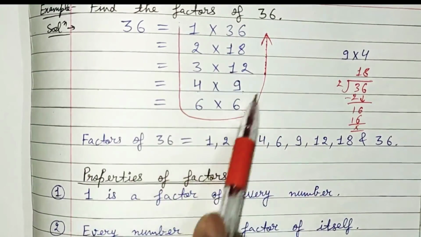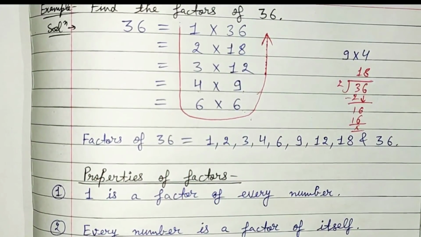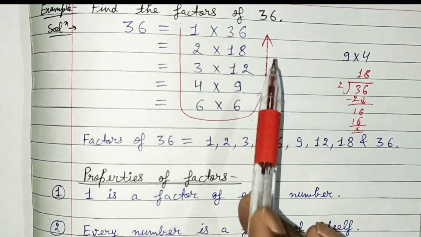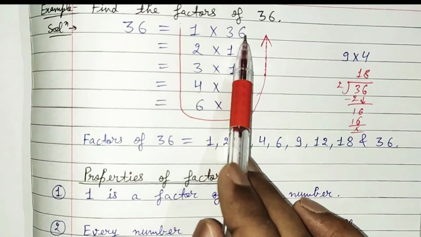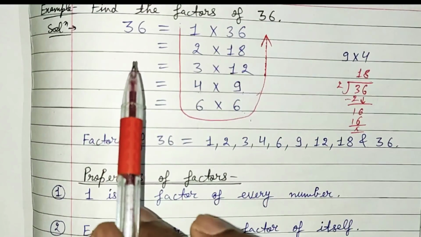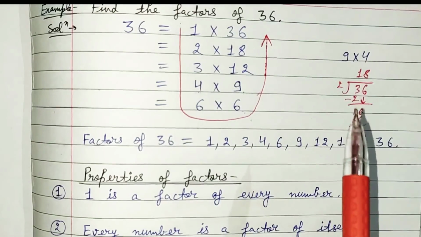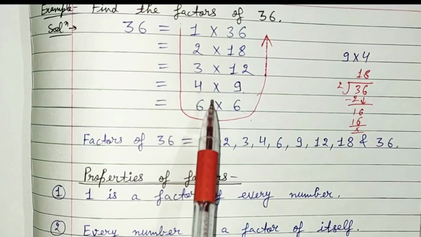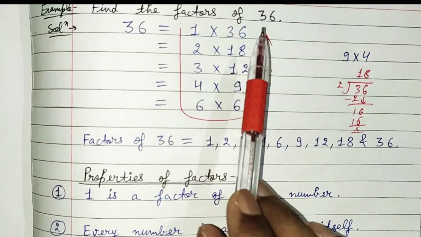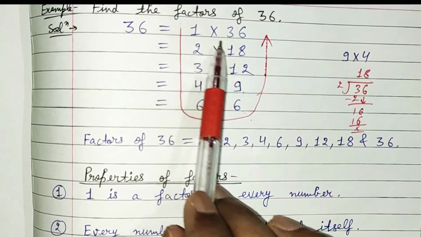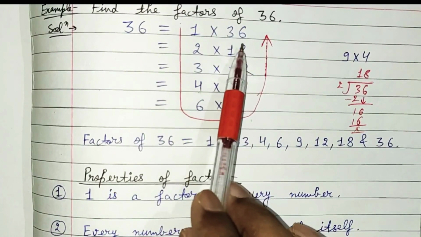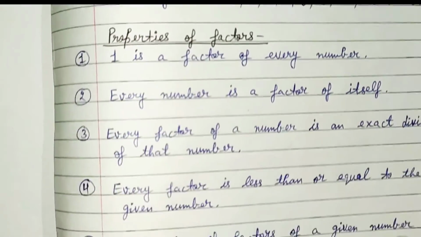Here also, in this example, the factors of 36 will be either equal to 36 or less than 36. They cannot be greater than 36. So the factors of 36 are 1, 2, 3, 4, 6, 9, 12, 18 and 36. From 1 to 18 all the factors are less than 36, and 36 is equal to 36. Now the last property.